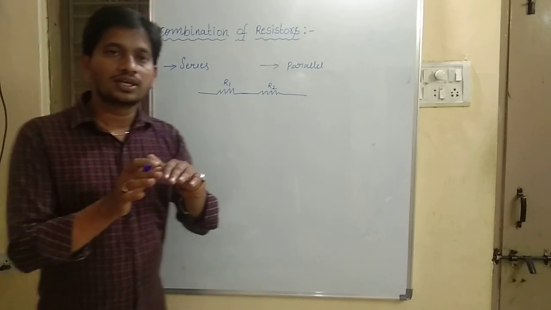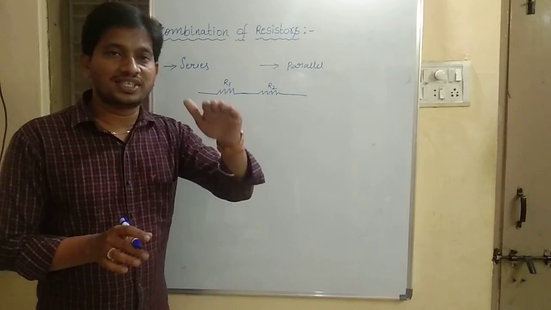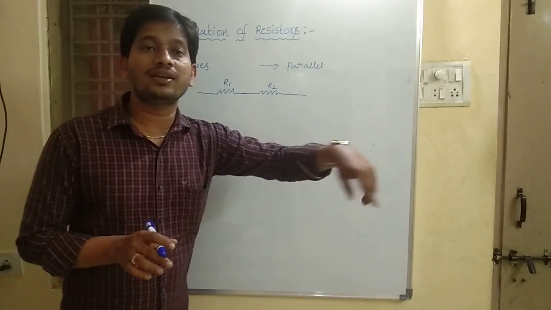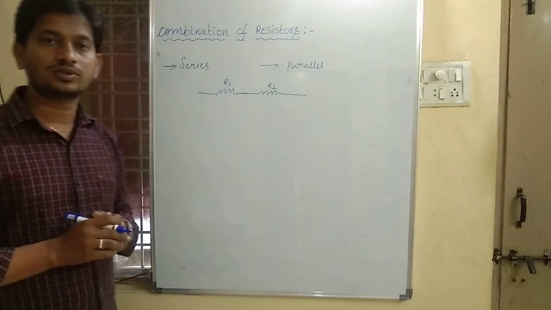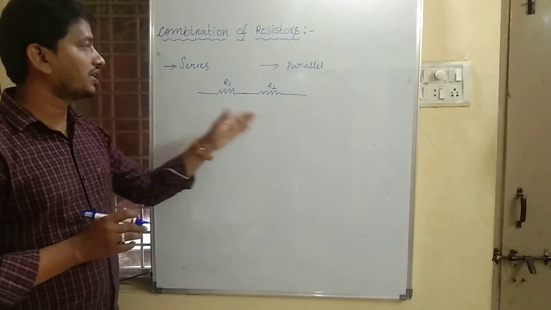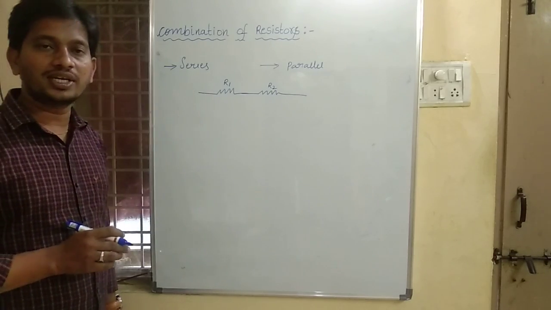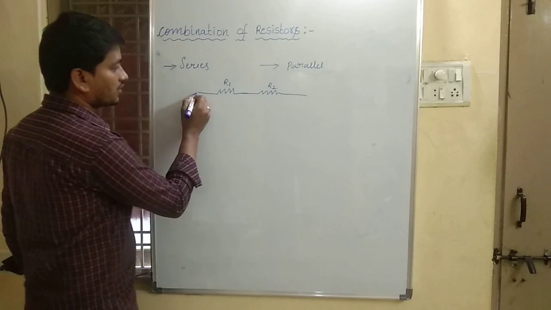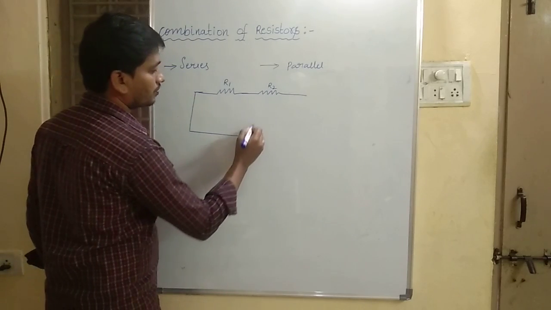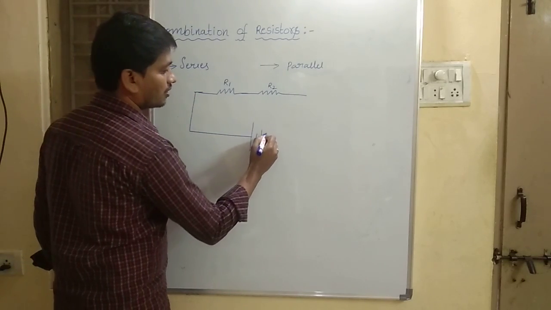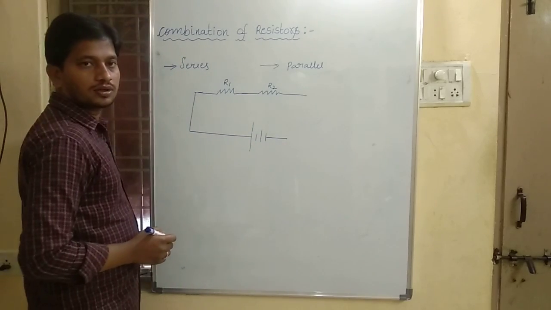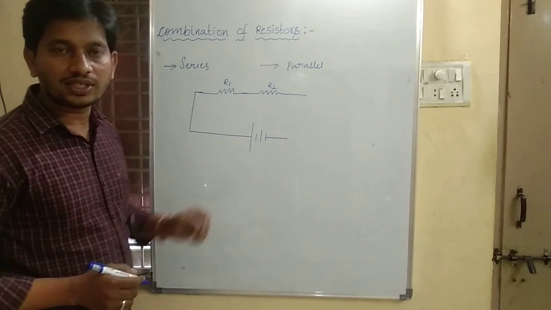In series connection, resistors are connected end to end consecutively, right? So then we say that the two resistors are connected in series. These two resistors are connected to a cell. The cell maintains a constant potential difference.